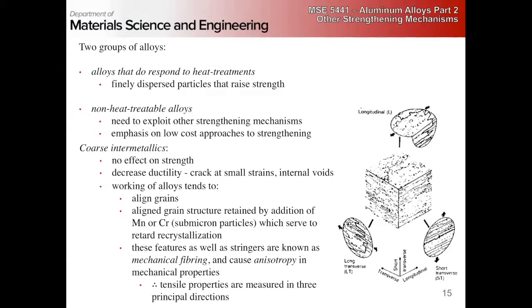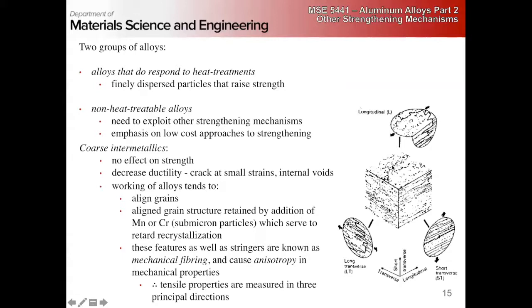After class on Friday, I had a brief question about how stringers form, and I thought I'd just hit that real fast. When we say stringers, we mean these large rows of secondary phase precipitates that, if you look at the structure in 2D in the two transverse directions, look like parallel rows of precipitates.